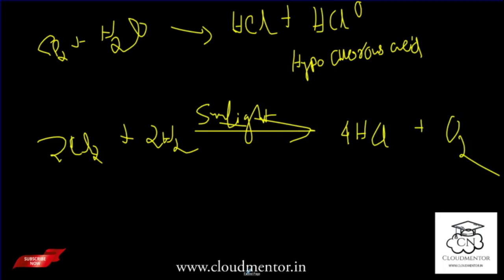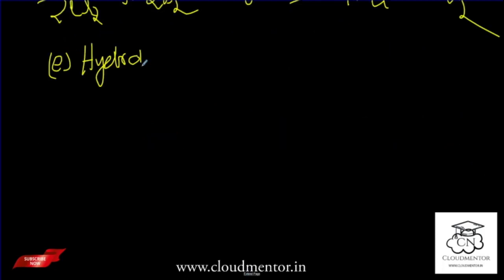Next property is hydrolysis. Many salts, especially the salts of strong bases with weak acids, weak bases with strong acids, and weak bases with weak acids undergo hydrolysis with water.